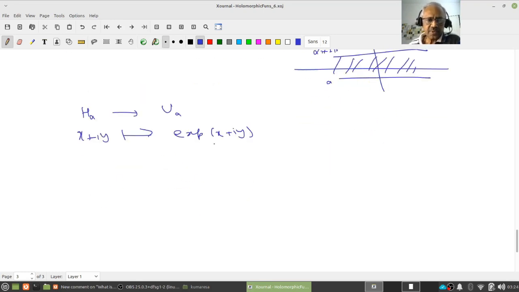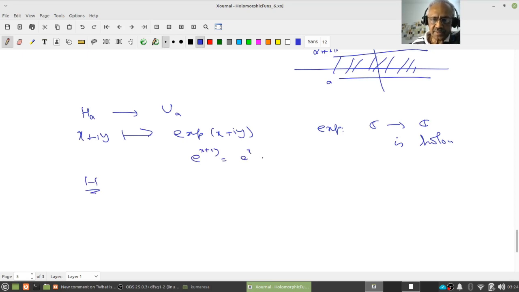We know exponential from C to C is holomorphic. Therefore its restriction to H alpha is holomorphic, and I claim this is one-one. Why is this one-one? Let me write e power x plus iy, which is e power x into e power iy. Suppose e power x1 plus iy1 equals e power x2 plus iy2. These are complex numbers, therefore their moduli must be the same.